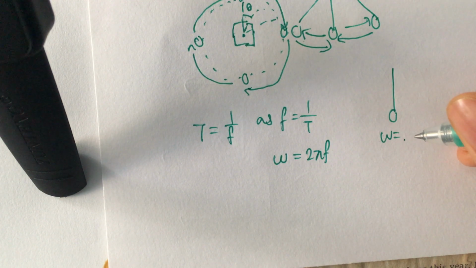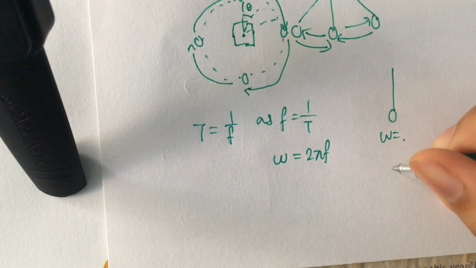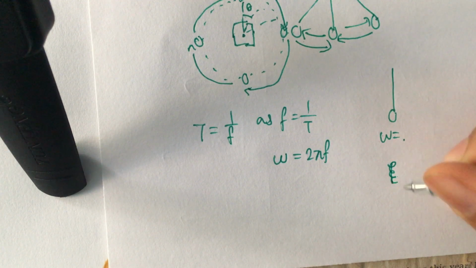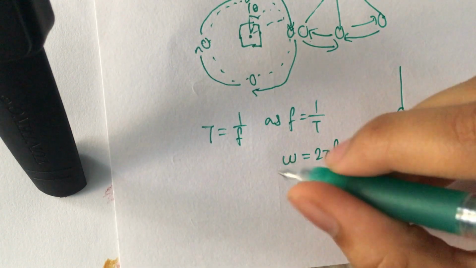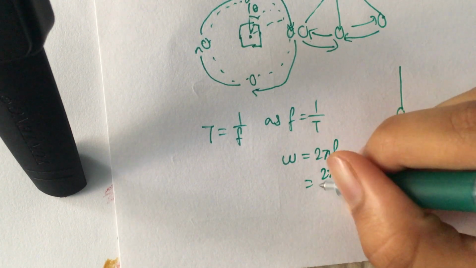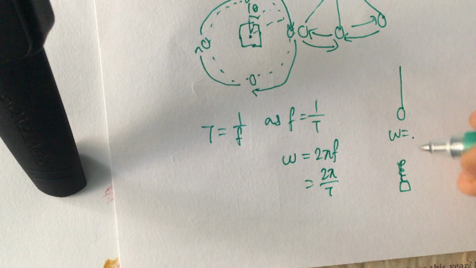So how do you get angular frequency? You can represent it with 2 pi times t. So W will be 2 pi t.